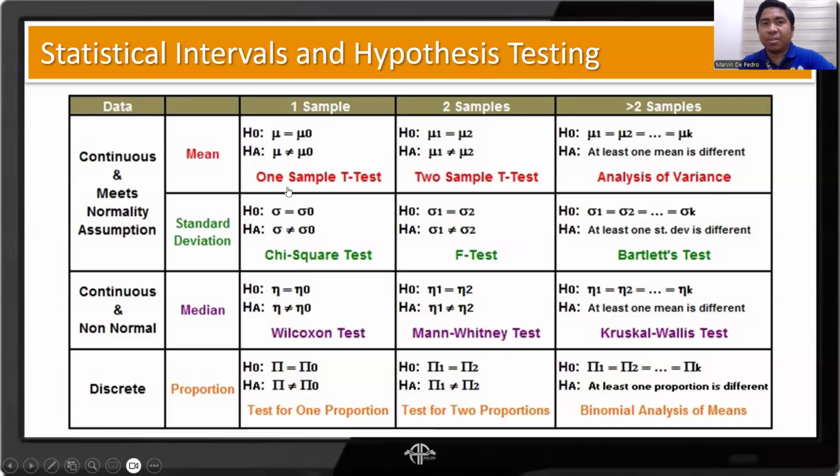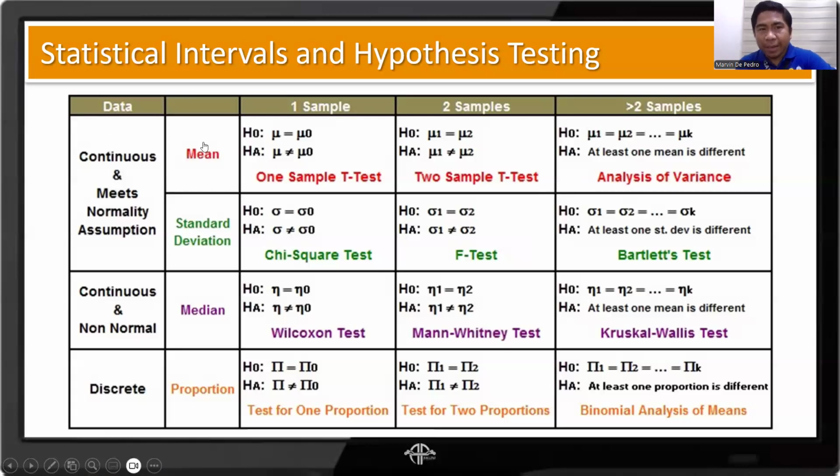We can use a one-sample test for one sample only, or a two-sample t-test, whether independent or dependent, if we have two samples. But if we have more than two samples, then we cannot use a t-test anymore. We can use other types of statistical tests like analysis of variance or ANOVA.